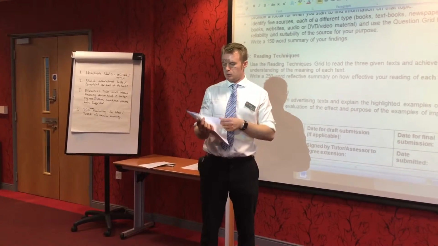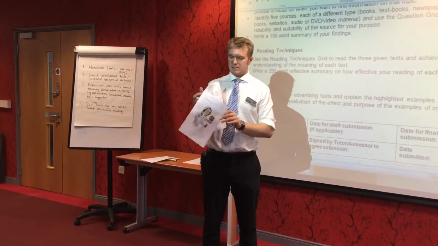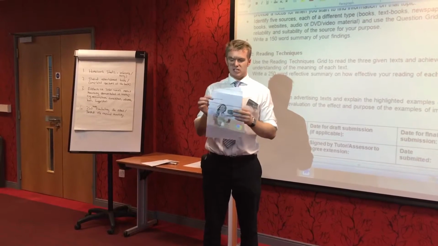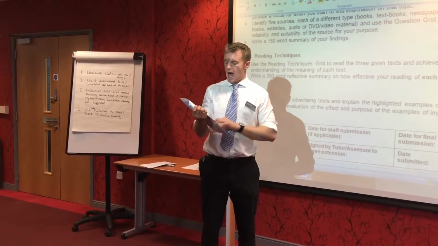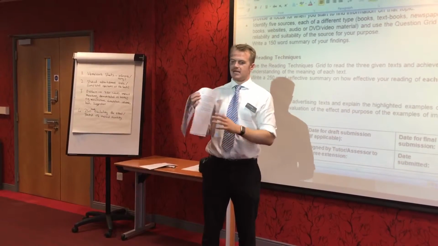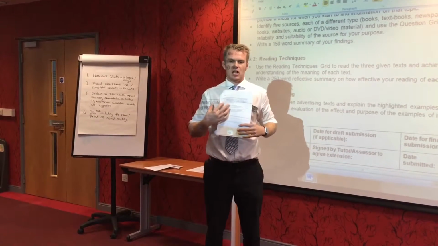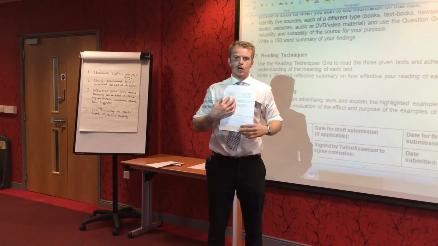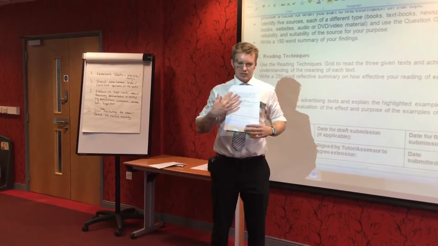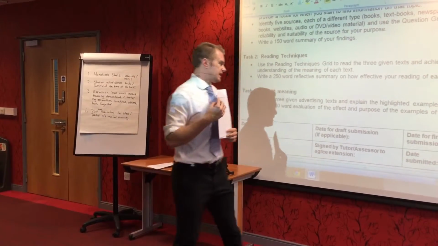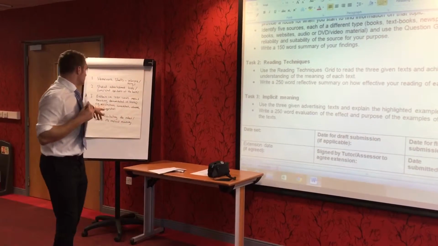So we want you to look at these different images, write some notes for each one, answer the questions at the back. There's an extensive amount of guidance there to help you with this task.